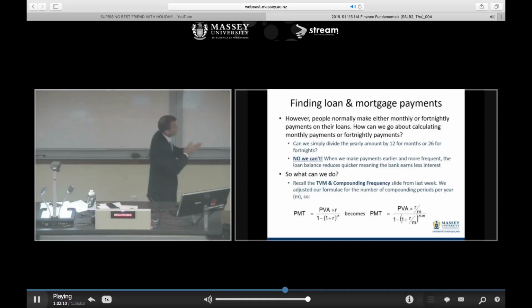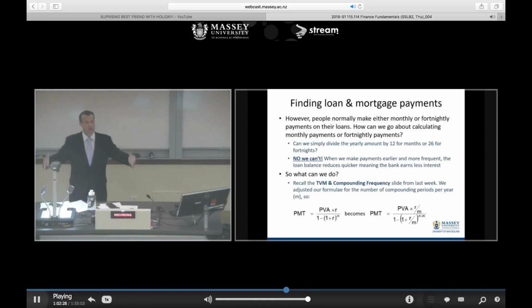The other thing we need to tell the formula, which is right out over here, is N, for the number of years, multiplied by M, how many times do we make payments each year? What that is telling the formula, how many payments do we have to make on this loan before it's entirely paid off? Okay, so it's telling the formula how many payments there are in this loan.